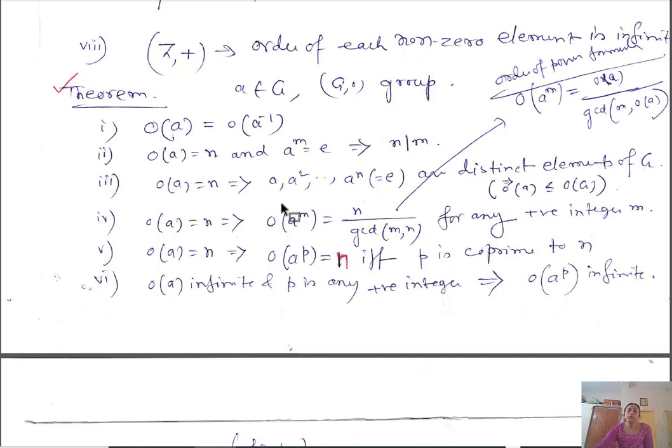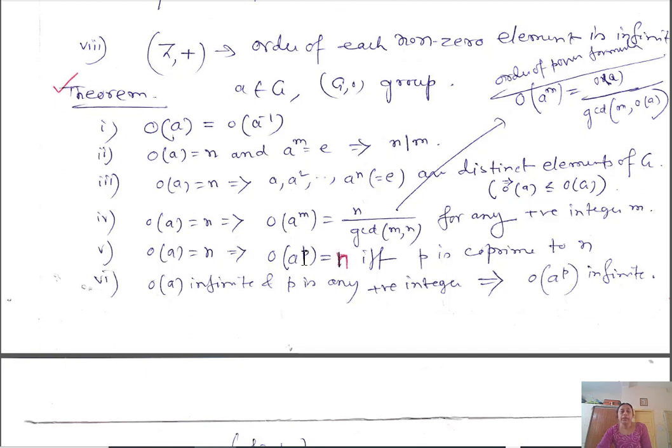I am going to prove this. The remaining two parts you can derive from this proof. The first one says that if the order of a equals n, then the order of a to the power p is n if and only if p is co-prime to n.